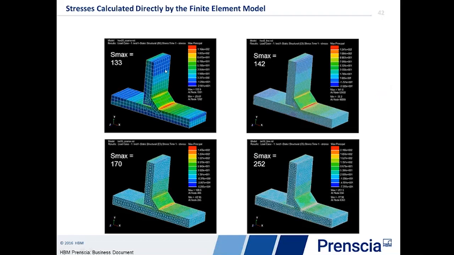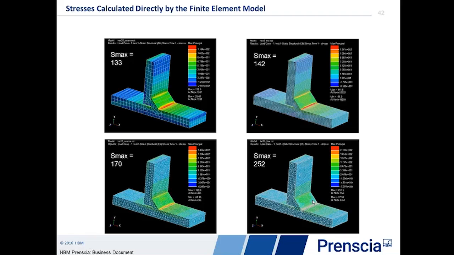And we have the same model meshed in the upper left-hand corner with hex 20s, upper right-hand corner with hex 8s, lower left-hand corner as coarse tet 10s, and the lower right-hand corner as fine tet 10s. Same geometry, just different meshes and different element configurations.